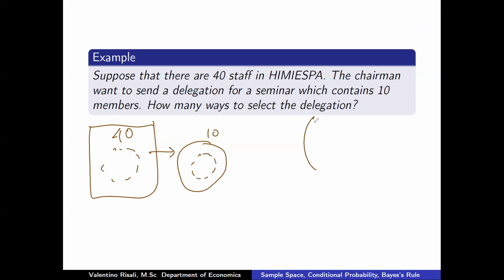The whole set consists of 40 students, and then we select 10 of them. So the number of ways is the combination of 40 and 10, that is 40 factorial divided by 10 factorial times 30 factorial. It is quite a big amount, so you can use a calculator to find this value.